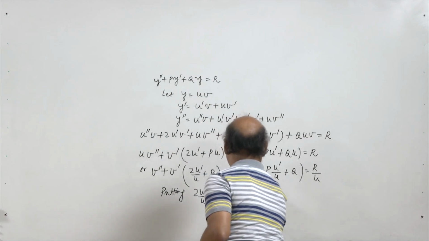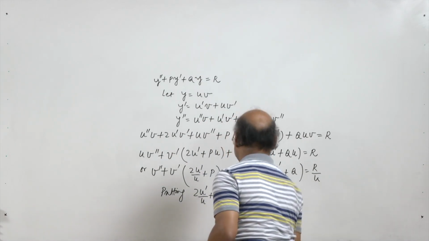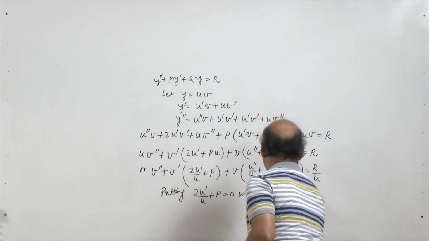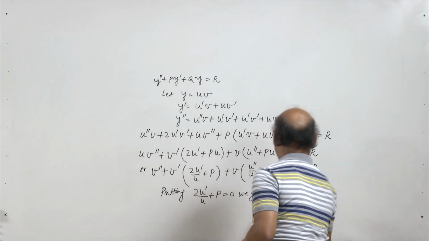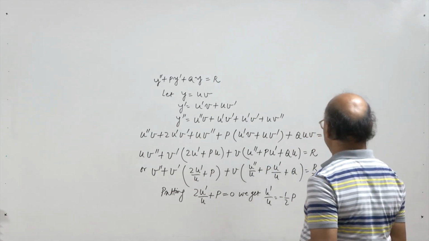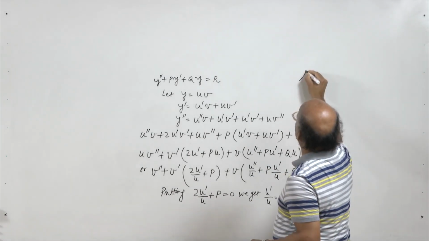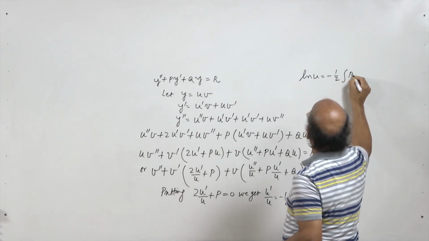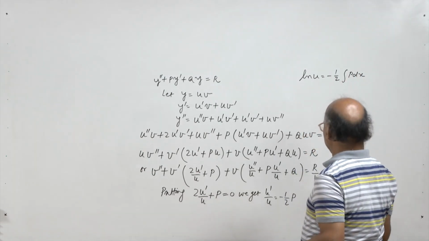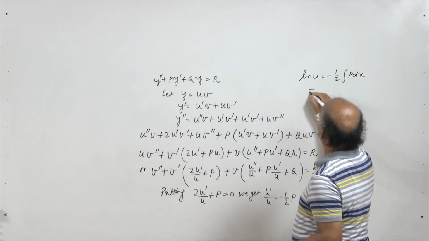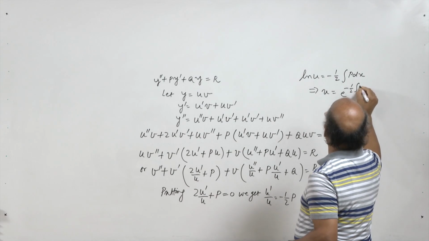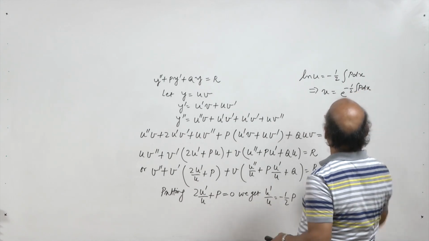We get u dash by u equal to minus half p. When we integrate this with respect to x, we get ln u equal to minus half integral p dx. So this will give u equal to e to the power minus half integral p dx.